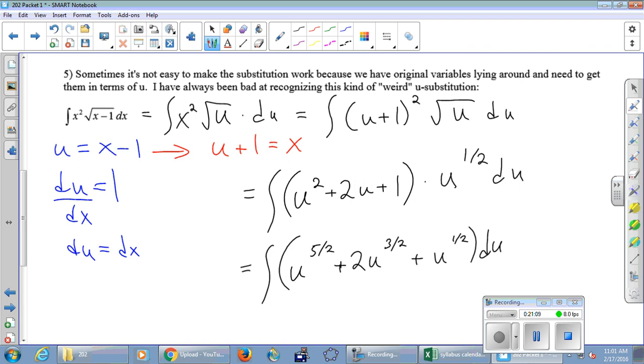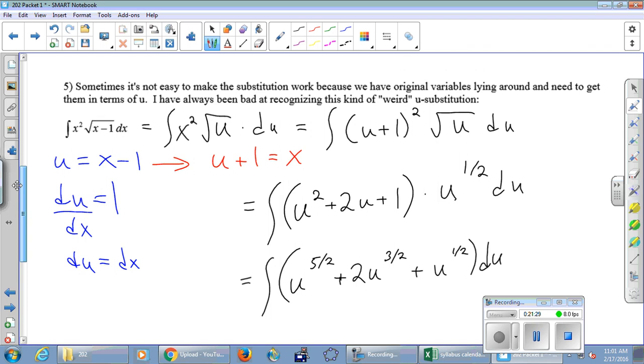I call these guys the weird u substitutions because you do the u substitution, you still have x's left over, which is normally the end of the game, but sometimes, just sometimes, you can finagle it. You can change those x's into some other stuff with u's in it and get something that you can deal with. So how do you know when to stop and when you can do it?